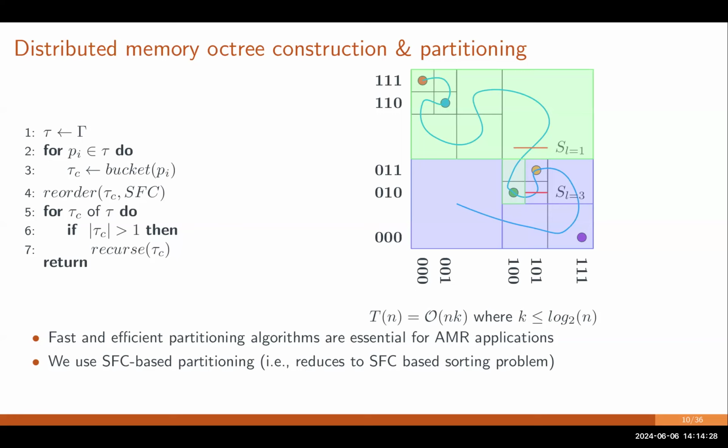Instead of using graph partitioners, which are more accurate in terms of balancing and encoding the communication cost but also more expensive, we have this efficient space-filling curve-based partitioning scheme that balances the workload and also tries to balance the communication cost as well.